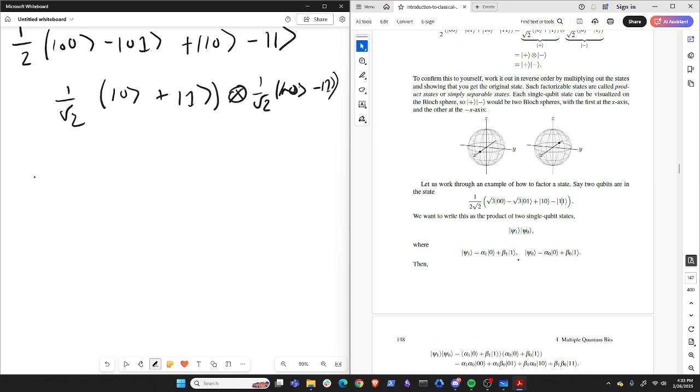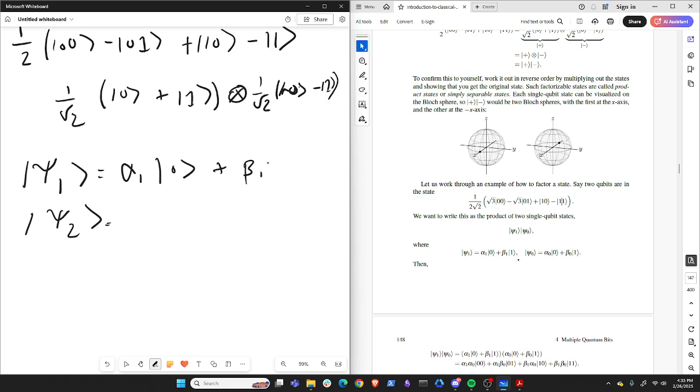So let's say we have two arbitrary states, psi 1 and psi 0. Psi 1 is alpha sub 1 state 0 plus beta sub 1 state 1.